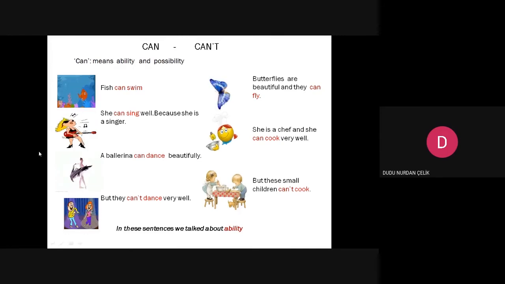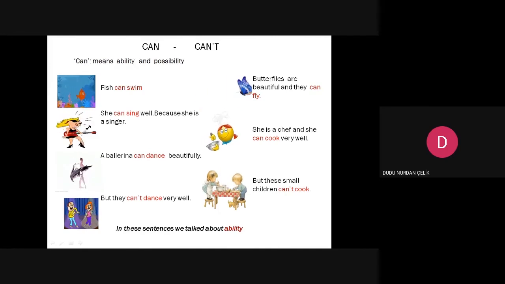Look at the second one, a rock star. She can sing well because she's a singer, right? And she can also play the guitar well. She's a good guitarist. Look at this ballerina.